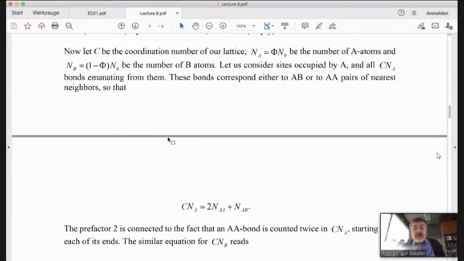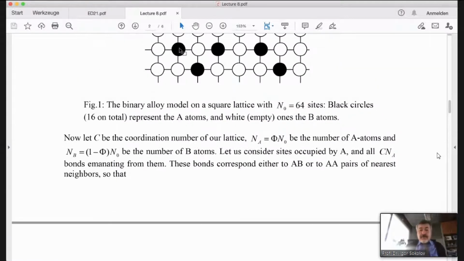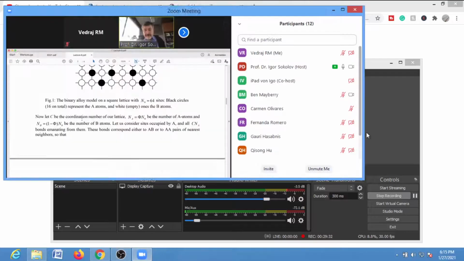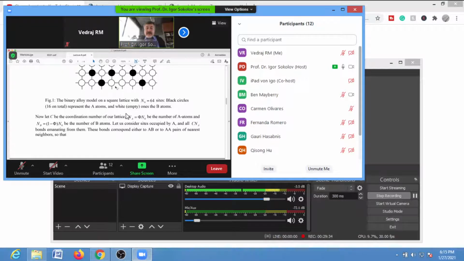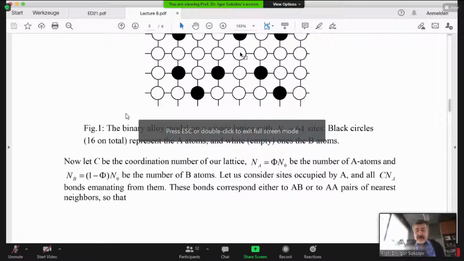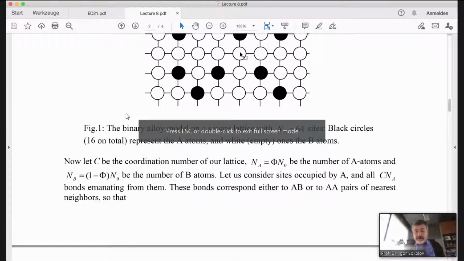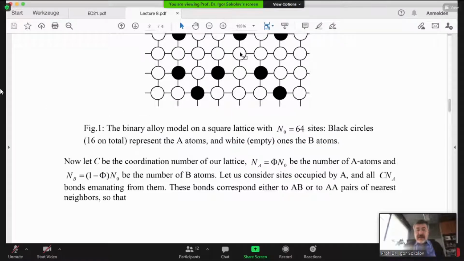So what I know is the following. Let C, in my case 4, be the coordination number of my lattice. And now imagine I have N_A atoms of type A and N_B atoms of type B. Now let me take a site which is occupied by an A atom, and I consider all the bonds emanating from this site.